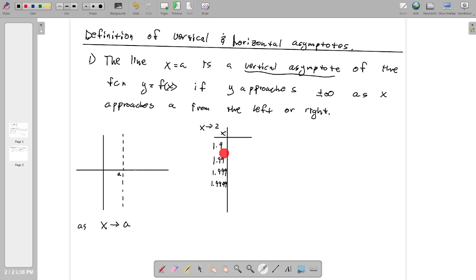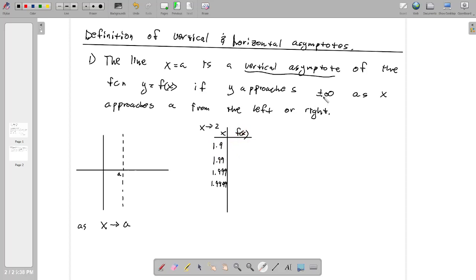And we'd be plugging these x values into our function f of x to determine what's happening to the y value. Remember, f of x is the same thing as the y value. So if we plugged in 1.9, what would f of 1.9 look like? What would the y value look like? If we plugged in something even closer to 2, what would the y value look like?